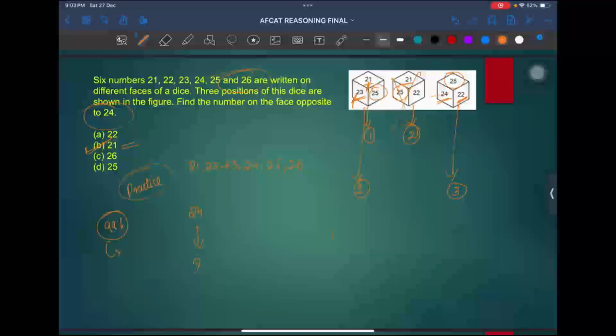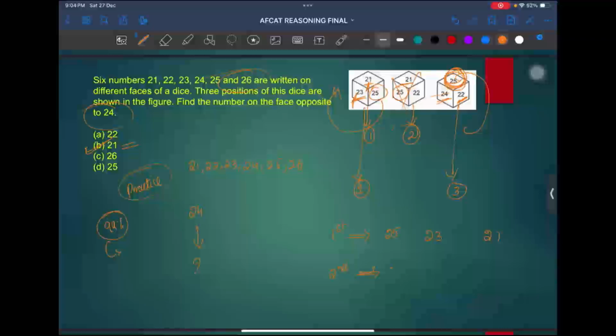From here, I need to move in a clockwise direction. It is important to move in a clockwise direction. For the first dice, it is 25, next number is 23, next number is 21. For the second dice, you need to start from 25 itself.